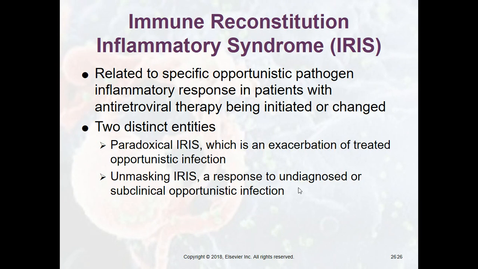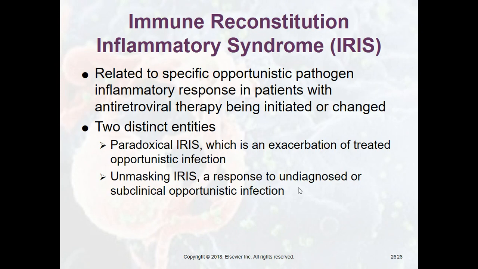So what happens with the exacerbation of a treated opportunistic infection, say for instance, a patient with HIV had an episode of pneumonia and it was treated, but with this inflammatory response that's stimulated by the antiretroviral therapy, that infection has resurged, and its resurgence causes complications.